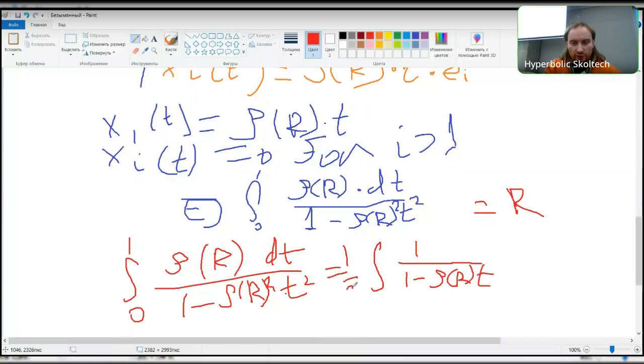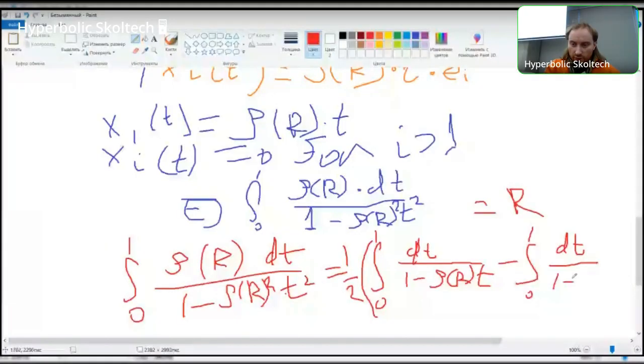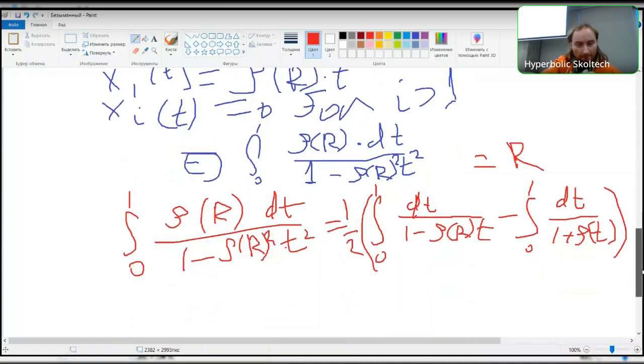So here is 1/2, here is dt, minus, here is a bracket, the integral of 1 over 1 plus rho of r t. Please correct me if I made mistakes.